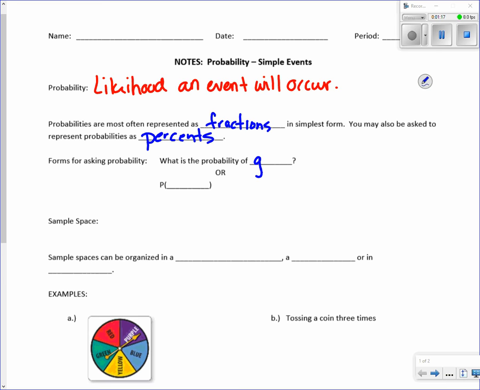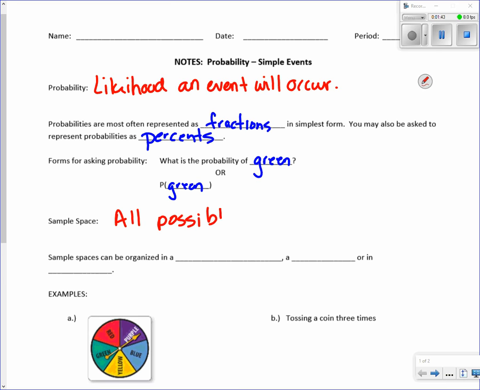I'm just using an example. That's how we would say it in a number sentence, but you will see it written P and then in parentheses green. So anything in the parentheses is what you're actually finding the probability of. Okay, so sample space. Sample space is all the possible outcomes.